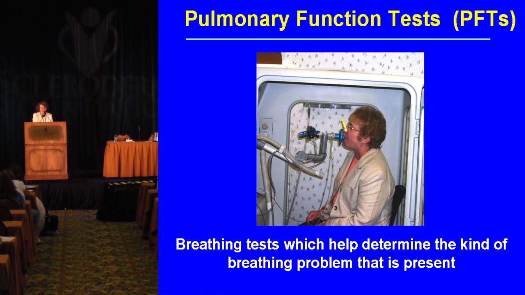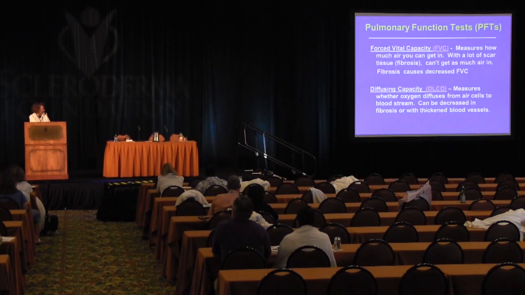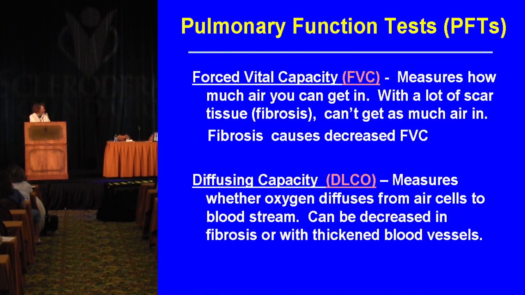There are lots of different tests in the pulmonary function test lab, but there are really only a couple of them that we in the scleroderma field are interested in as far as scleroderma lung disease. There are two of them. One's called the forced vital capacity, or FVC, and basically this measures how much air you can get into your lungs.